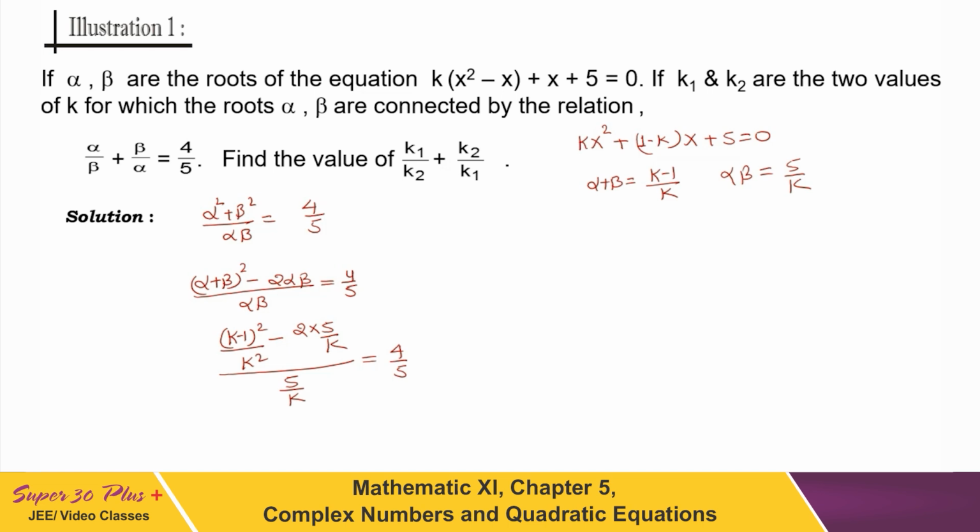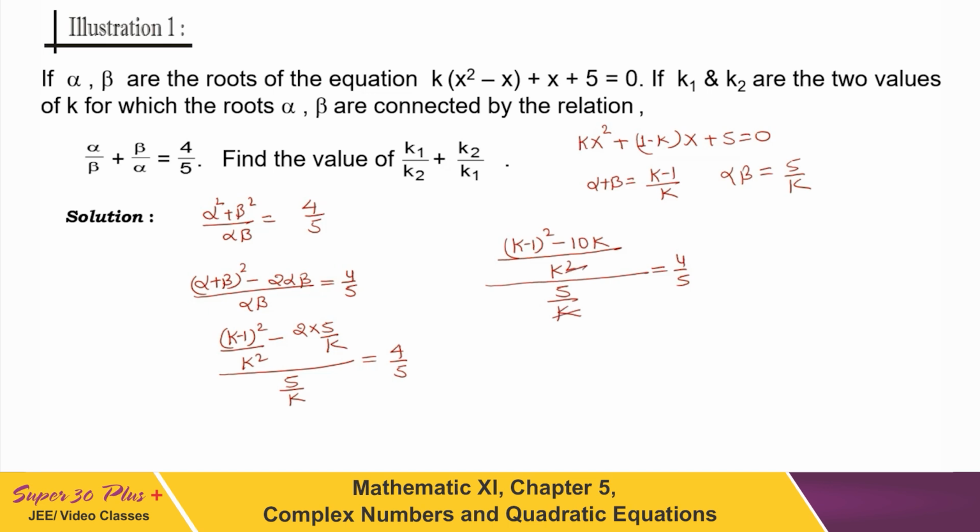Now we are going to simplify it. It is k minus 1 whole square minus 10k, whole upon k square, and whole upon 5 upon k is equal to 4 upon 5. Now simplify it.